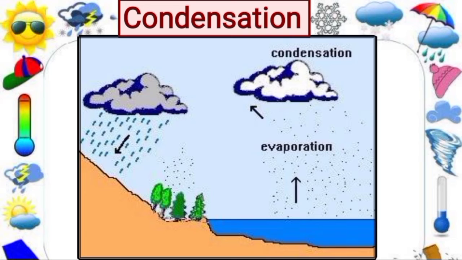Clouds are also formed when water vapor condenses into tiny water droplets. Bigger water droplets fall as rain, and on a cold winter morning we see droplets of water on grass and leaves, which is called dew. These droplets are formed by the condensation of water vapor in the air.